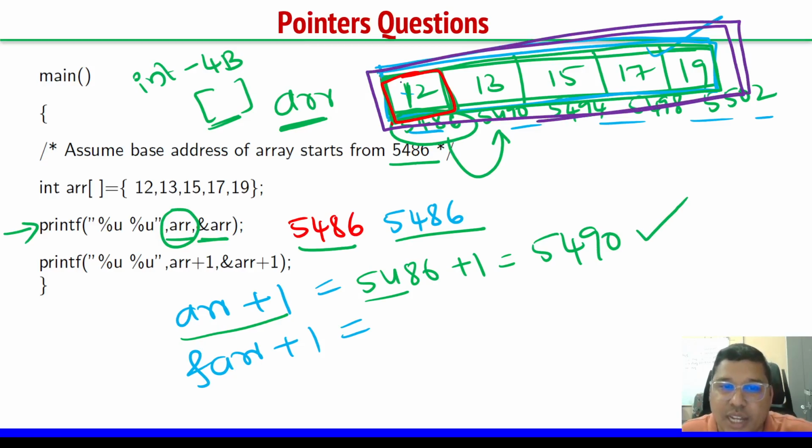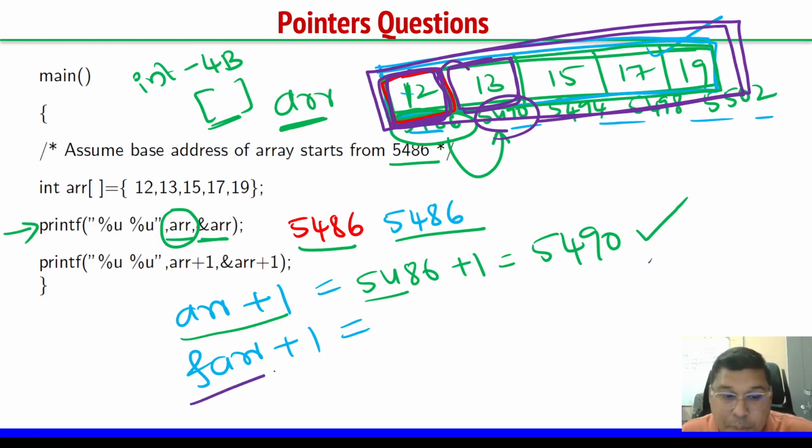So when ARR was pointing here, when I asked to go find out ARR plus 1, you moved to the next block here. You gave me the address of this block. This is the ARR, its next block is this. Its address 5490 you have given to me.